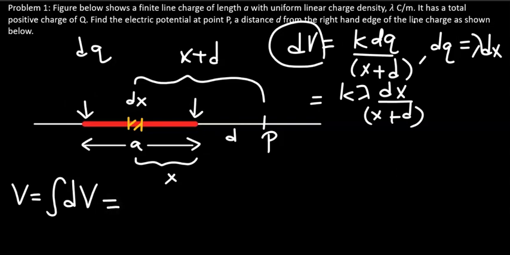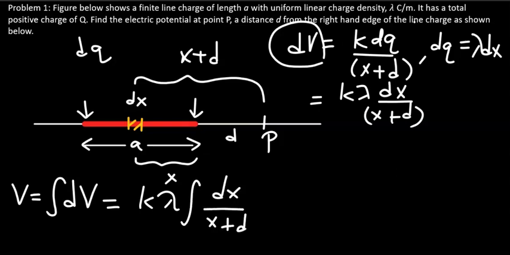And that would give us, since k is a constant, it can be taken out, lambda is a constant, it can be taken out of that integral sign, dx over x plus d. Now note, as we cover this entire line charge from this point to that point, the limits of this integral will go from 0 to a. 0 when the element is there, and a when the element is there.